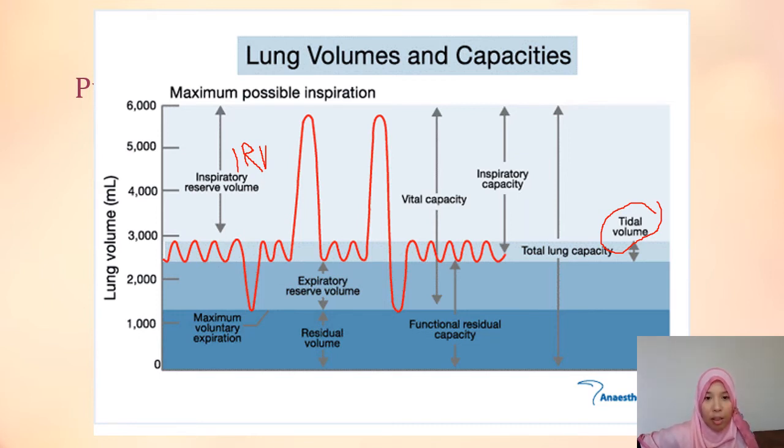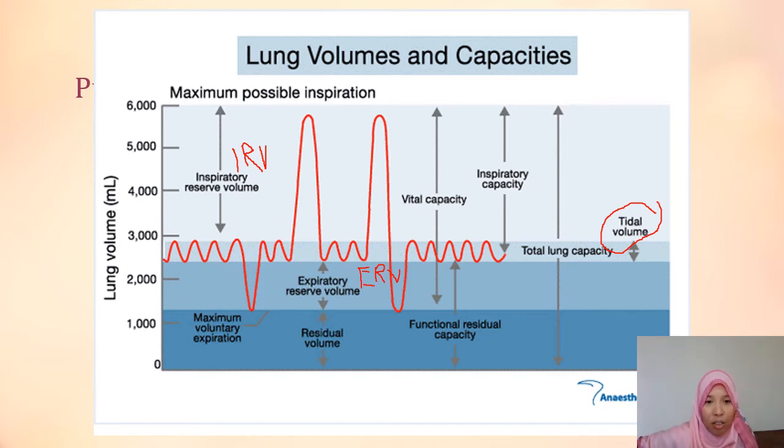This one can also be written as ERV. So we have here expiratory reserve volume. ERV refers to after your last exhalation, you top it up with forced exhalation with all the accessory muscles that we've talked about earlier, right?